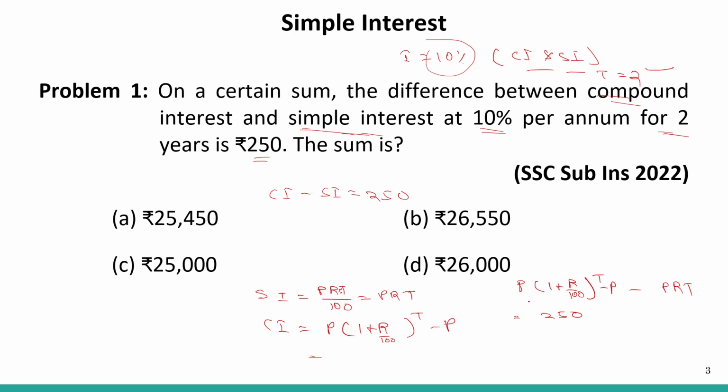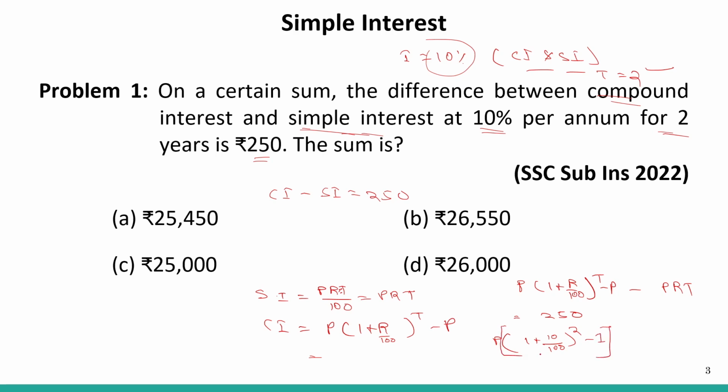You can take P common out: P into 1 plus R by 100 whole power T, minus 1, minus RT. R is given as 10, so 10 by 100, and the power is 2 years.